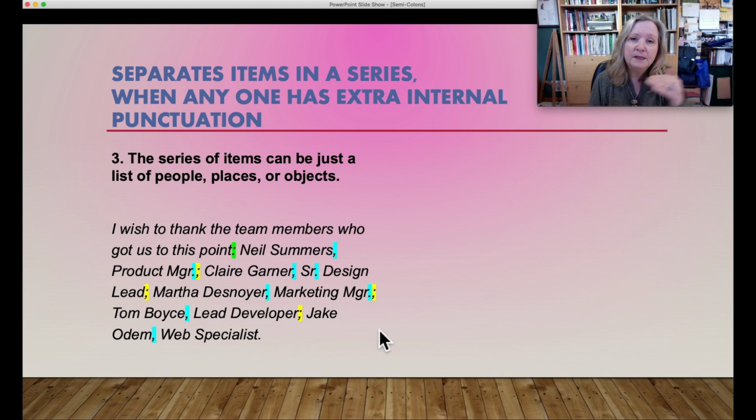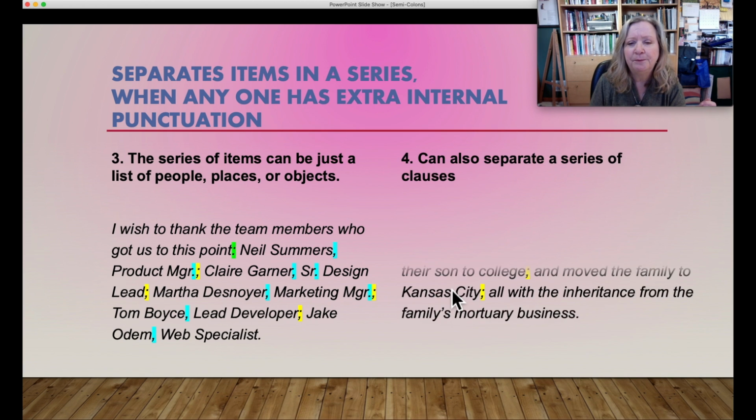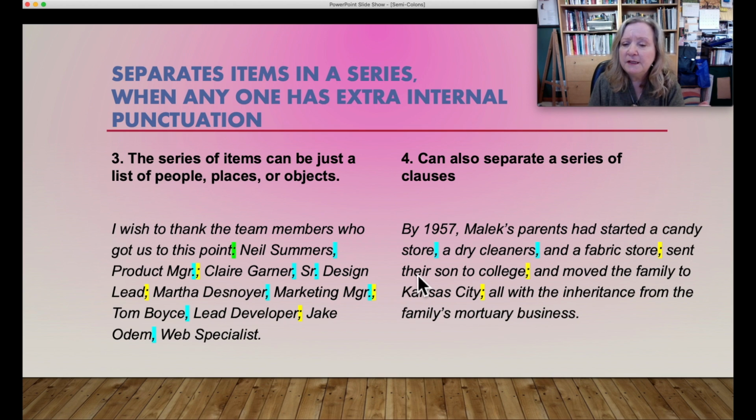Now, your items in a series don't have to just be a list like this. They can literally be a series of clauses. So let's take a look at one of those examples. By 1957, Malik's parents had started a candy store, a dry cleaners, and a fabric store; sent their son to college; and moved the family to Kansas City; all with the inheritance from the family's mortuary business.